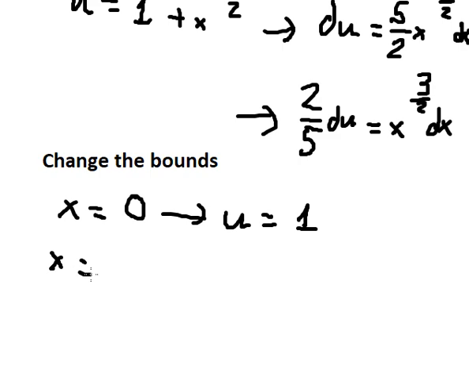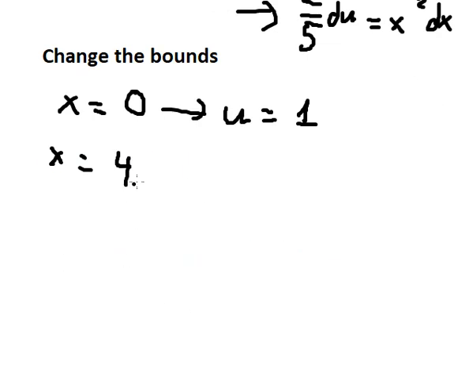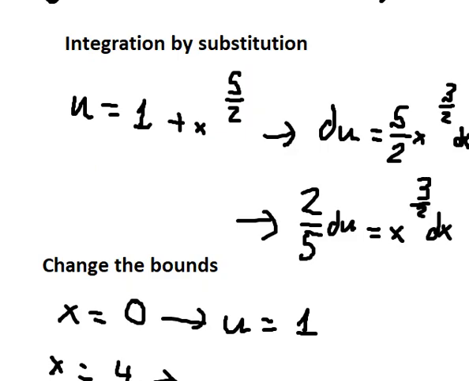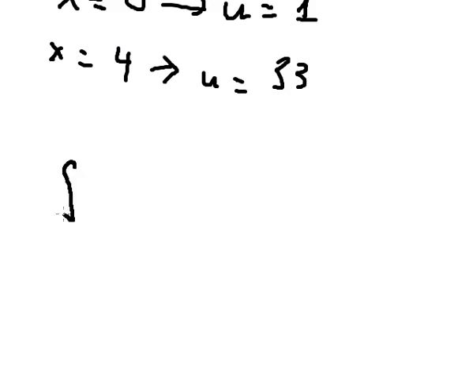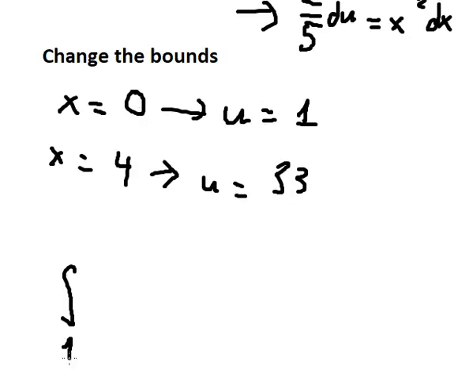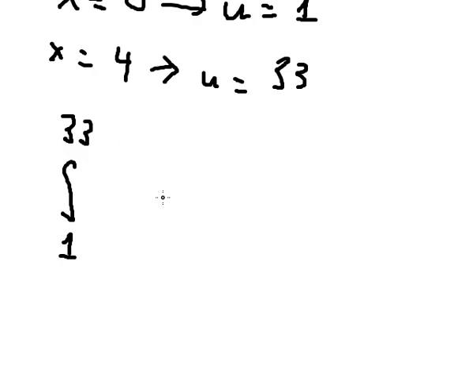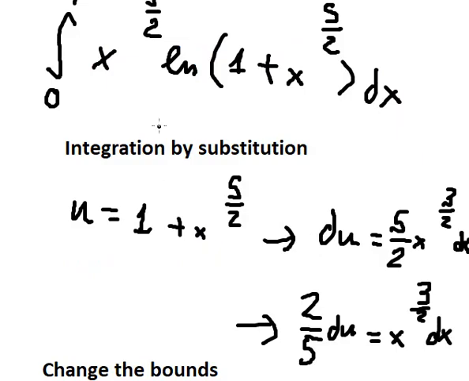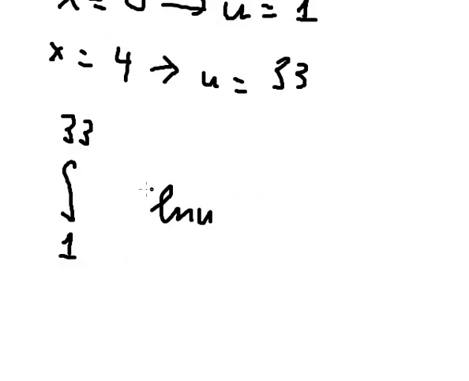When x equals 4, we put 4 in here and find the value of u, which is 33. So 0 we change to 1, and 4 we change to 33. This one we change to u, and this one with the x we change to 2/5 du.